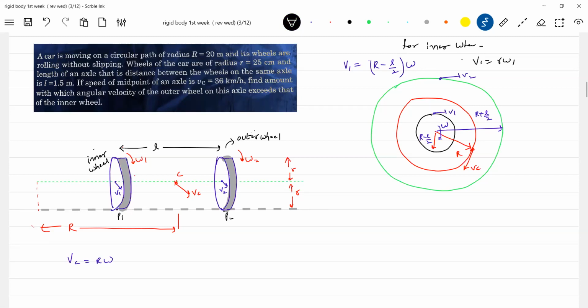So let me equate these two. r omega 1 equal to R minus L by 2 omega. Like this I'll get some equation. Omega 1 equal to R minus L by 2 omega by r.